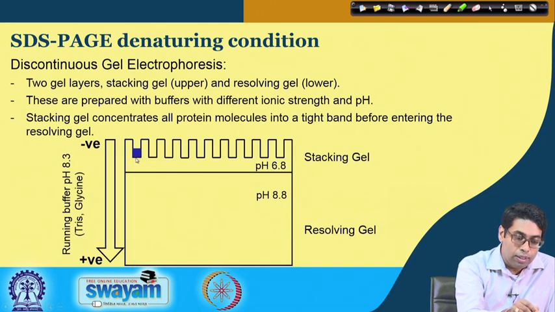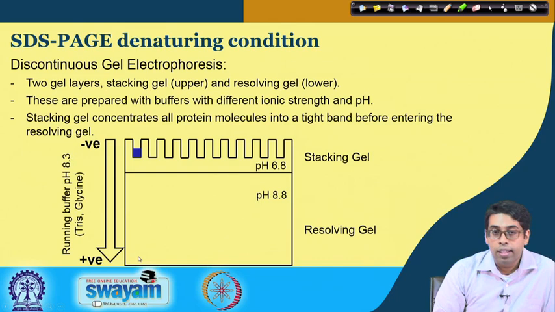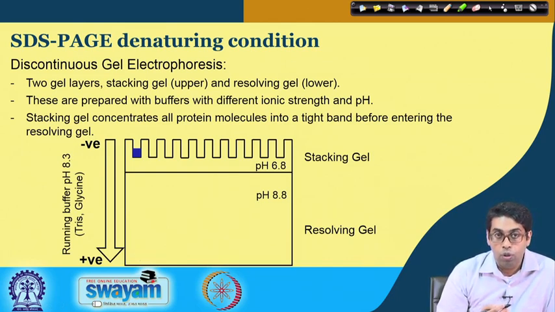So, the molecule that is down here will enter the resolving gel first, and the molecule that is up here will enter the resolving gel later. So, there will be a diffused band, and it will be very difficult to tell which protein is running faster and which protein is running slower.